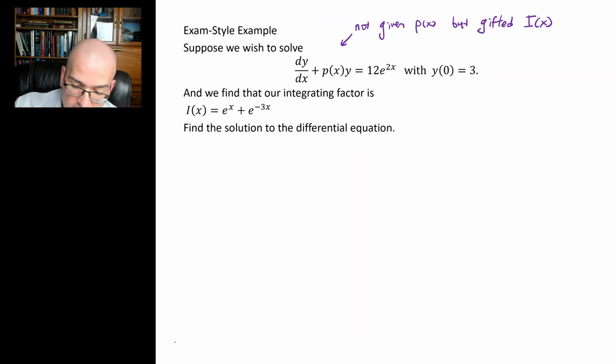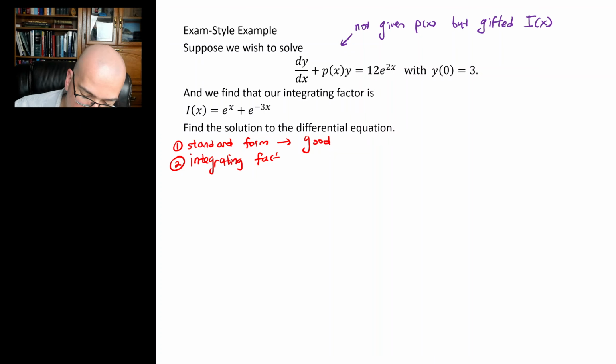Question's already in standard form. Integrating factor was gifted. So we go right to step 3.